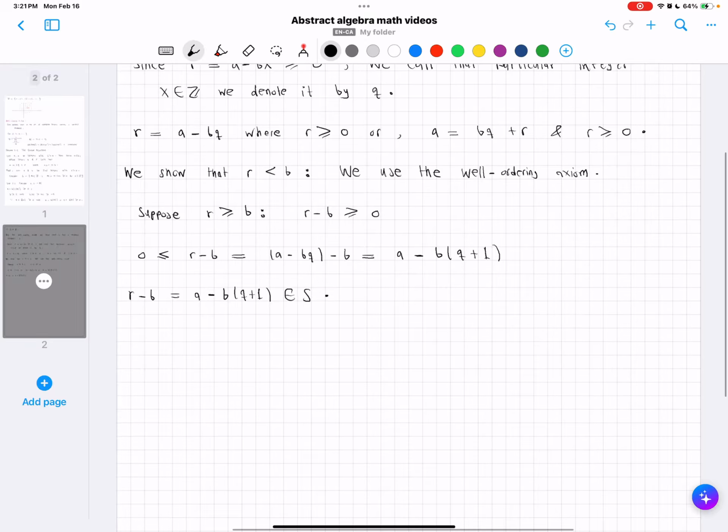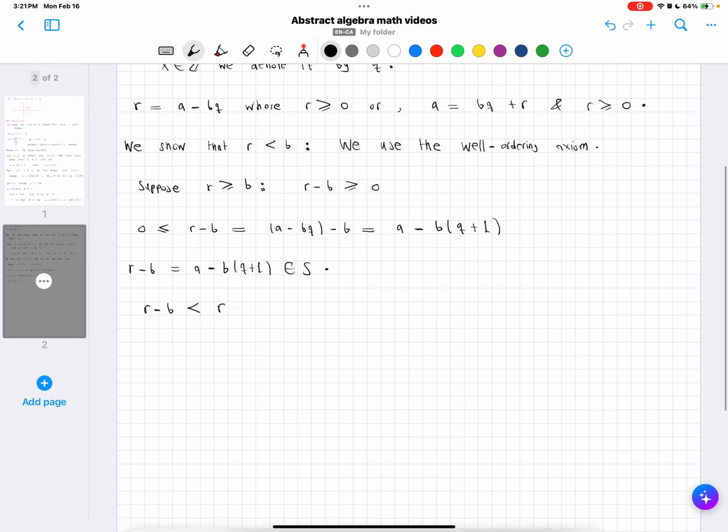And by construction, we have that R minus B is less than R, which is an element of S, and by construction R is the smallest such element of S. So R minus B is smaller than R, and it is also an element of S, so that's impossible.